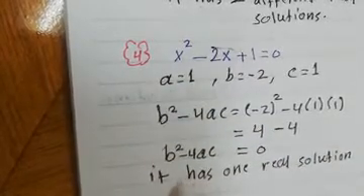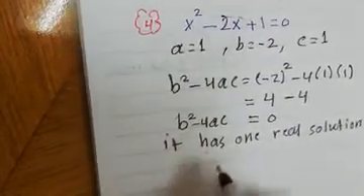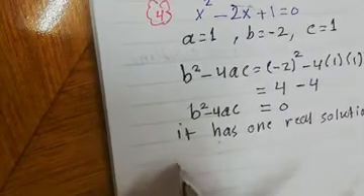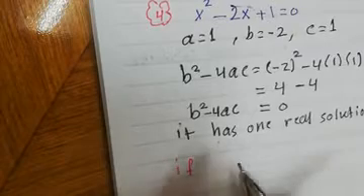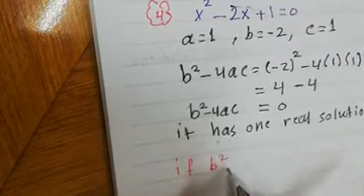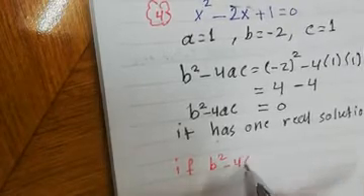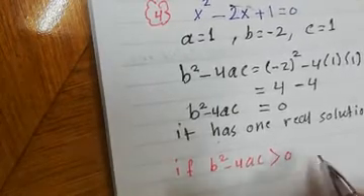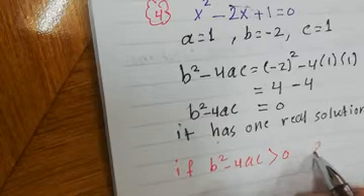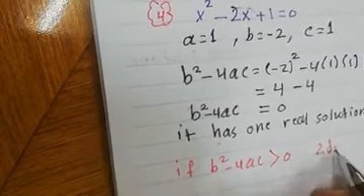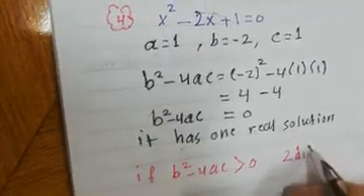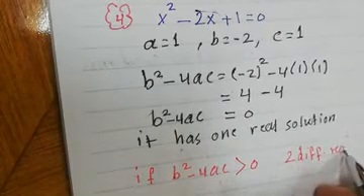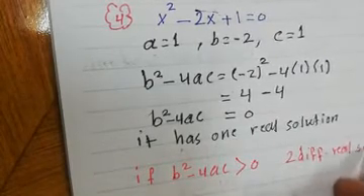So the discriminant has 3 cases. The first case: if b squared minus 4ac is positive, there are two different real solutions.